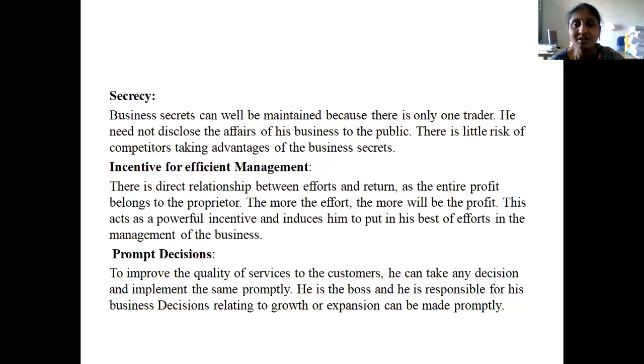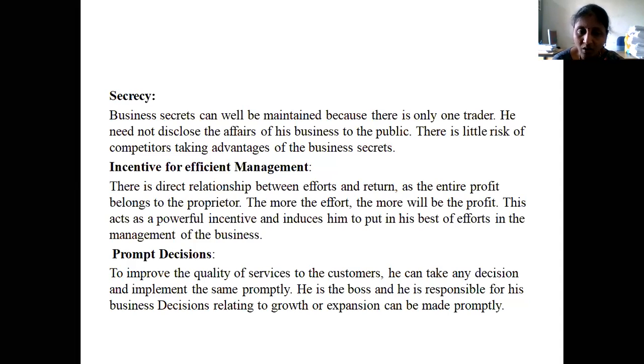So what is that incentive in this sole trade business? See here, there is a direct relationship between the efforts and the return. That means here the proprietor is a single person. For developing my individual business I have to put in a lot of effort because it's my own business, handled by me only.